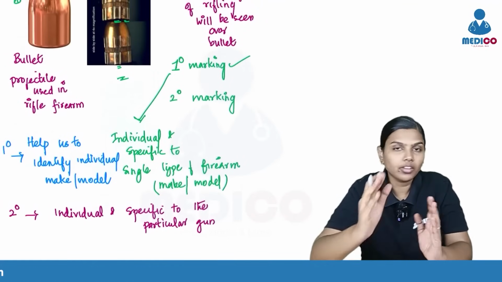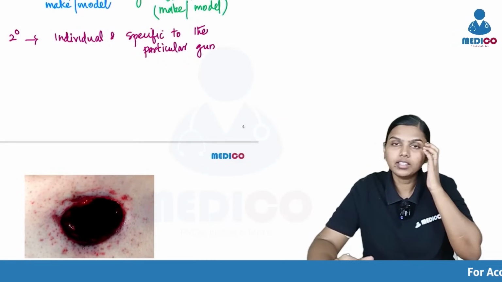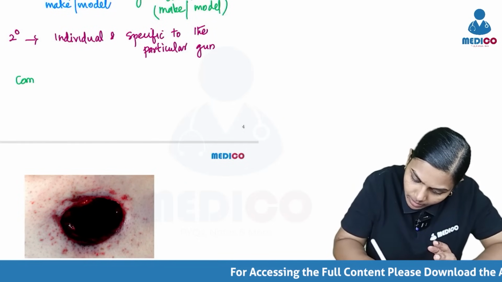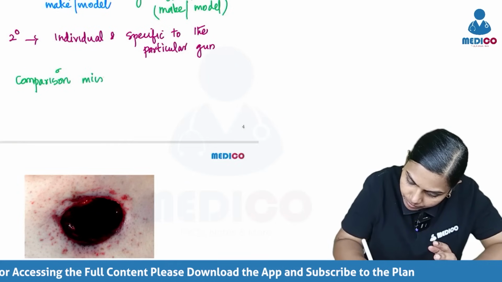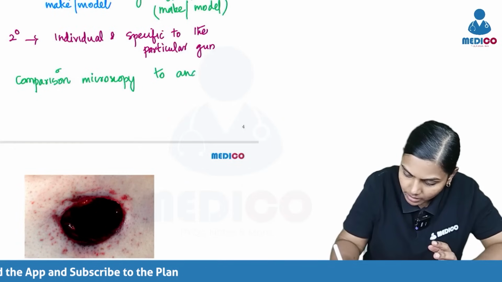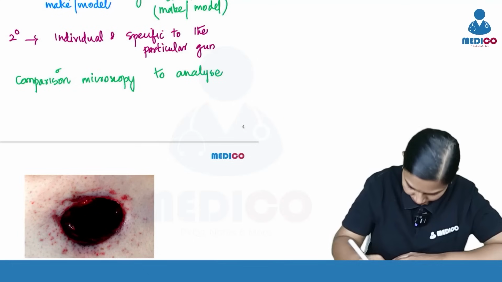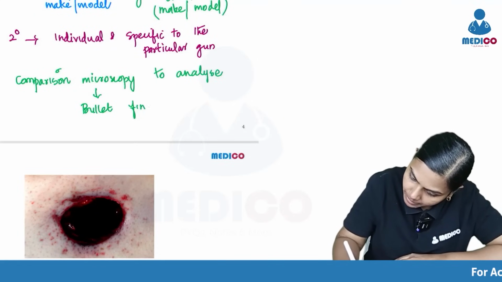This primary marking you can easily see. But this secondary marking will be really minute, and you have to use comparison microscopy to analyze these markings. And this whole process is known as bullet fingerprinting.